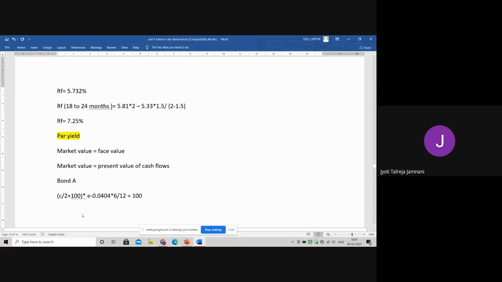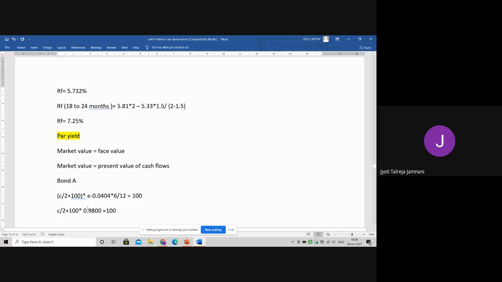So first we'll find the e raised to value. C by 2 plus 100 into e raised to minus 0.0404 into 6 by 12. Just see how much you get. 0.9800, which is equal to 100.